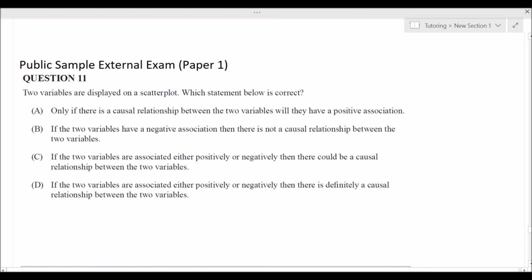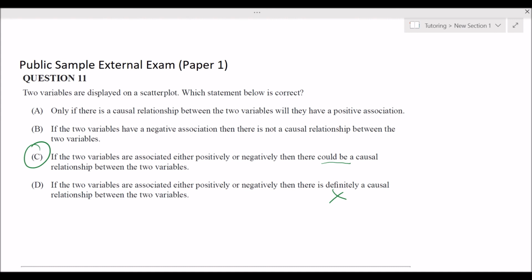Okay, so the answer to this question is, of course, C, because it says there could be a causal relationship. We can rule this one out because it says definitely a causal relationship. We don't know that. It could be a causal relationship.